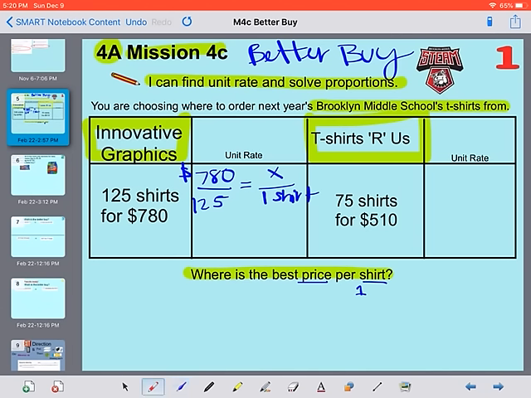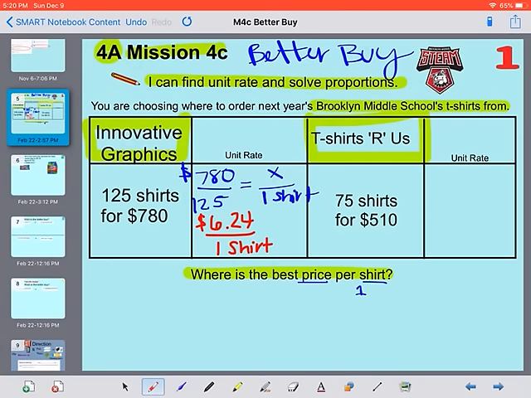So we can cross multiply or just divide. 780 divided by 125 should tell us the cost per shirt. So if I plug that in my calculator, 780 divided by 125, that would give me $6.24 for every one shirt.